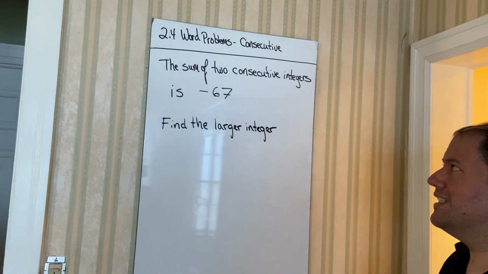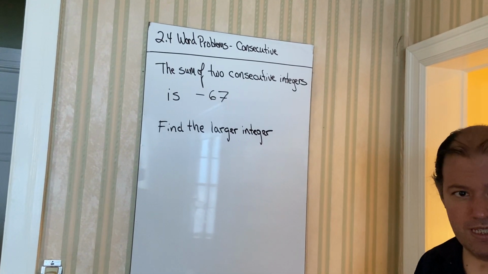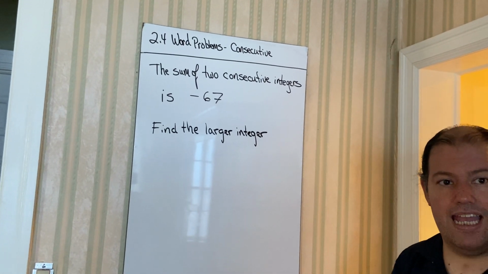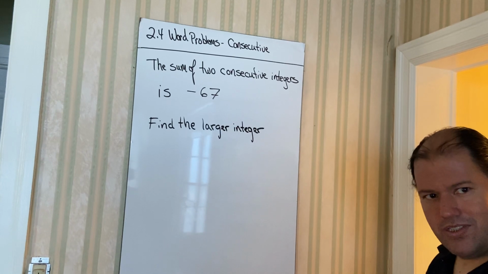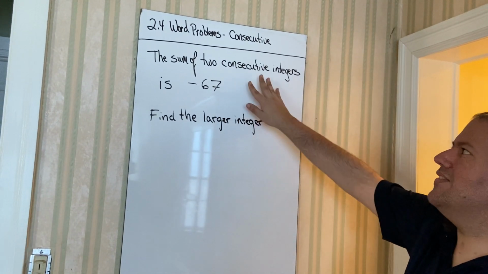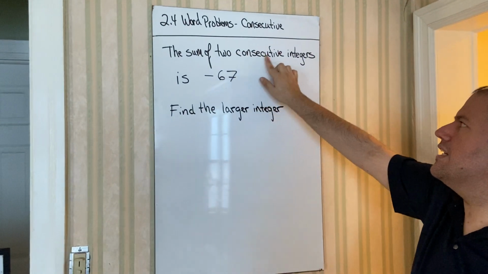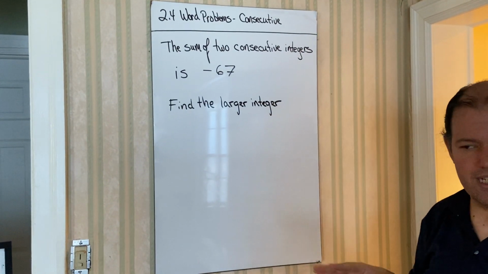Next, new step. Determine what type of consecutive. Are we doing the x and the x plus 1s? Or are we doing x and skipping a number to get to x plus 2? Does this problem say even, odd, or doesn't mention it? Notice it says two consecutive integers. It does not mention it.